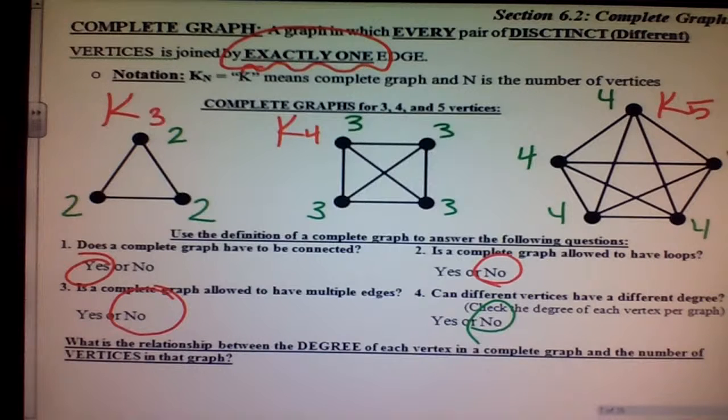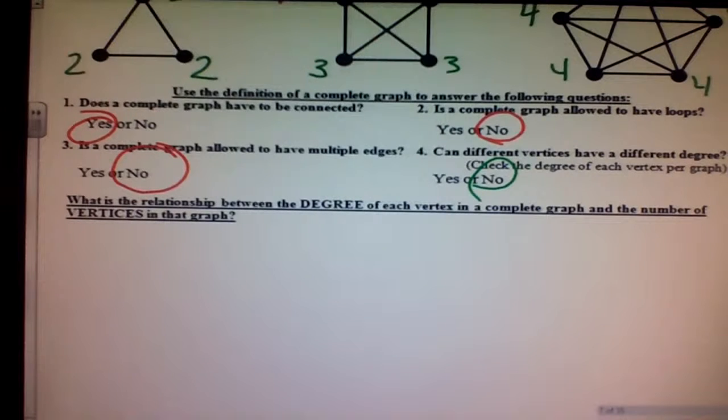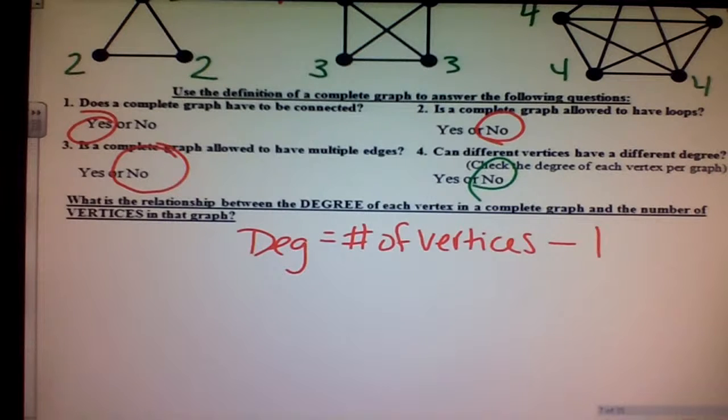The degree is equal to the number of vertices minus 1. Your degree will always be 1 less than the number of vertices that you have. So if I tell you that you have a graph, K sub 10, each vertex should have a degree of 9.